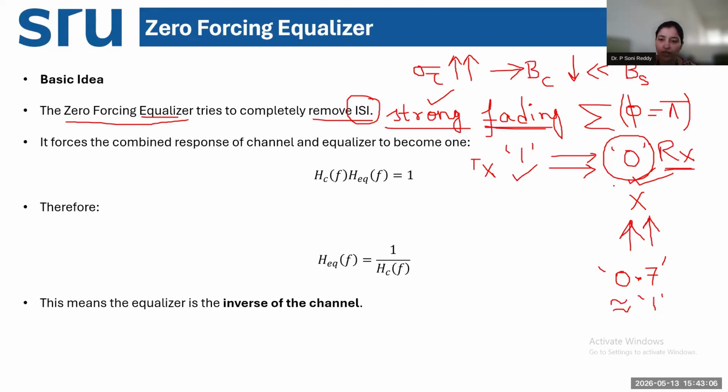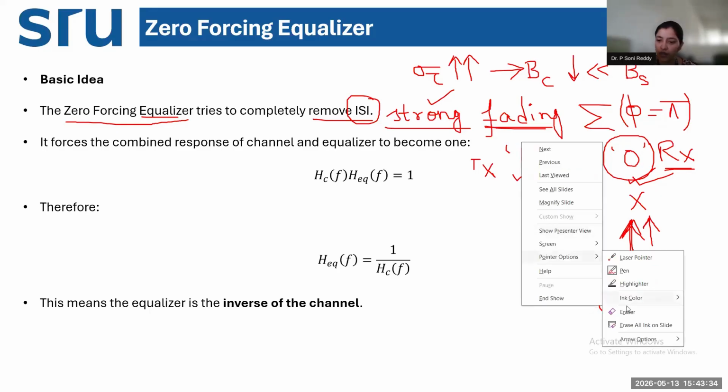So this equalizer will force the power level to increase so that it can reach a threshold value, and this value can be interpreted as the symbol 1. So what am I doing here with the zero forcing equalizer? I'm trying to recover my symbol which is lost during this wireless communication due to the multipath effect. So the symbol is nothing but your symbol 1.